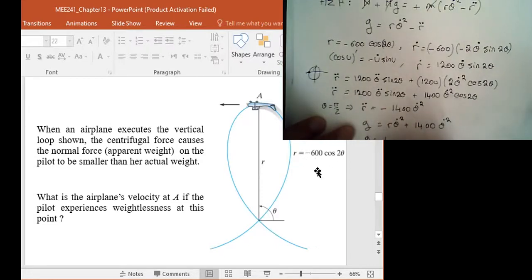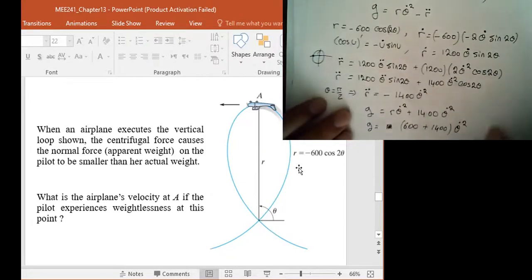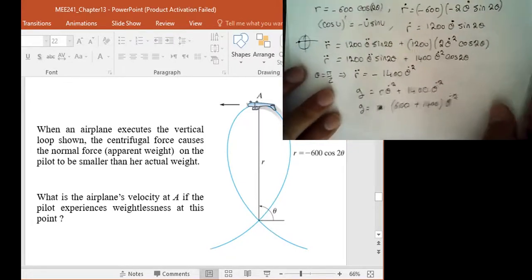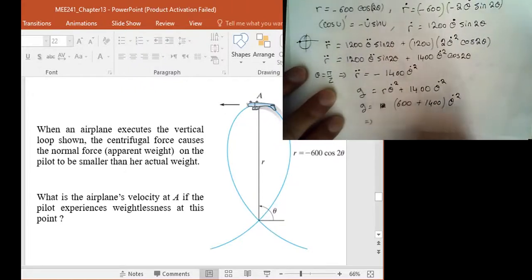So G is equal to... cosine 2 theta is going to be -1. So minus times minus is going to be 600, right? So 600 plus 1400 theta prime square. Okay. So now we can basically find the angular velocity of the plane.